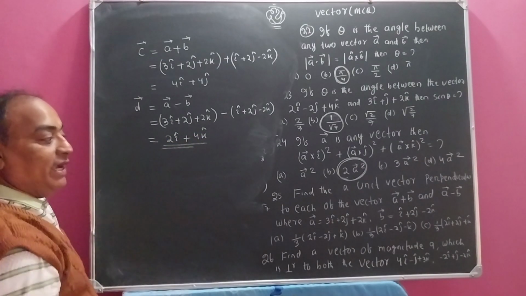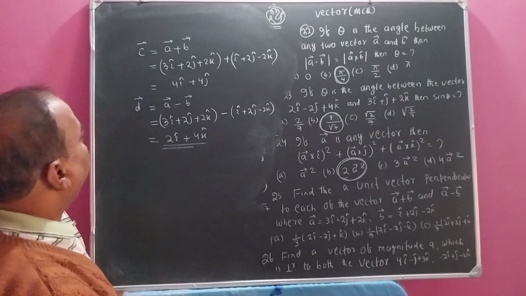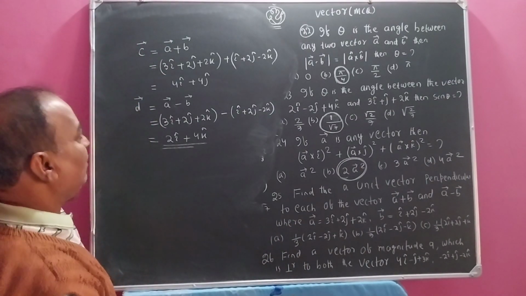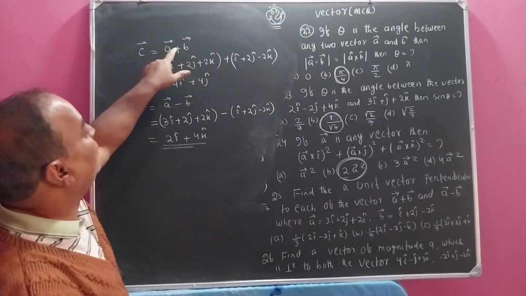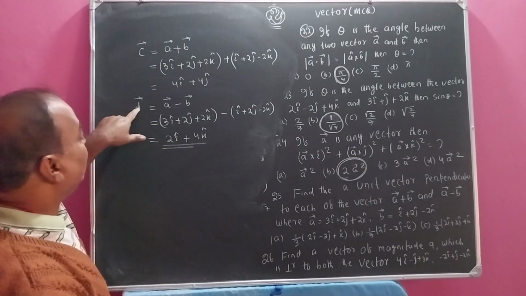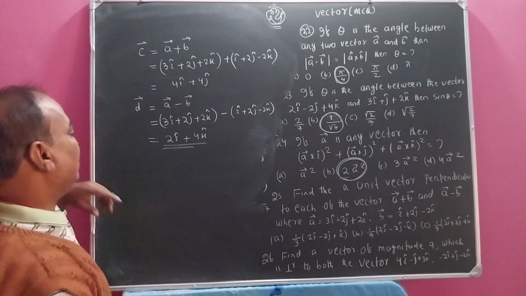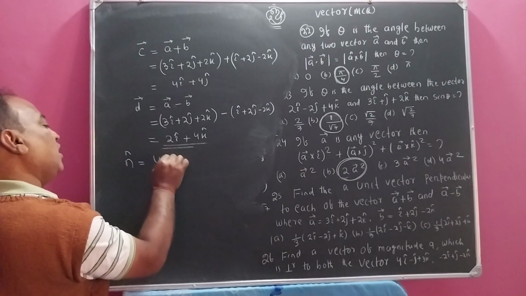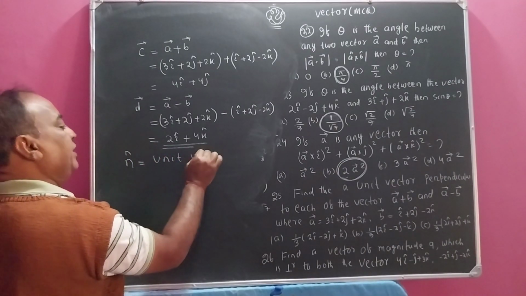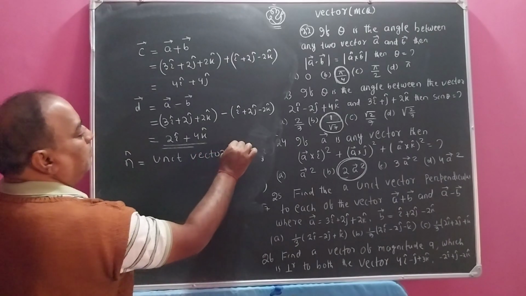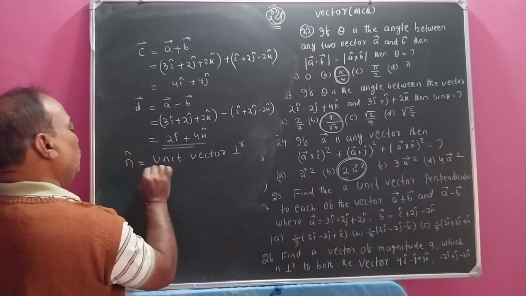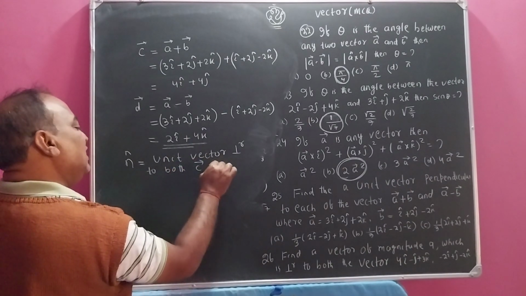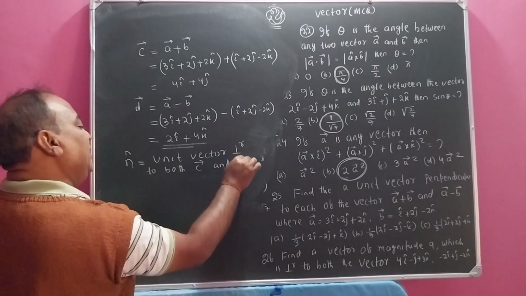Our aim is to find a unit vector perpendicular to both c vector as well as d vector, where c vector is a vector plus b vector and d vector is a vector minus b vector. So our aim is to find the unit vector perpendicular to both c vector and d vector.